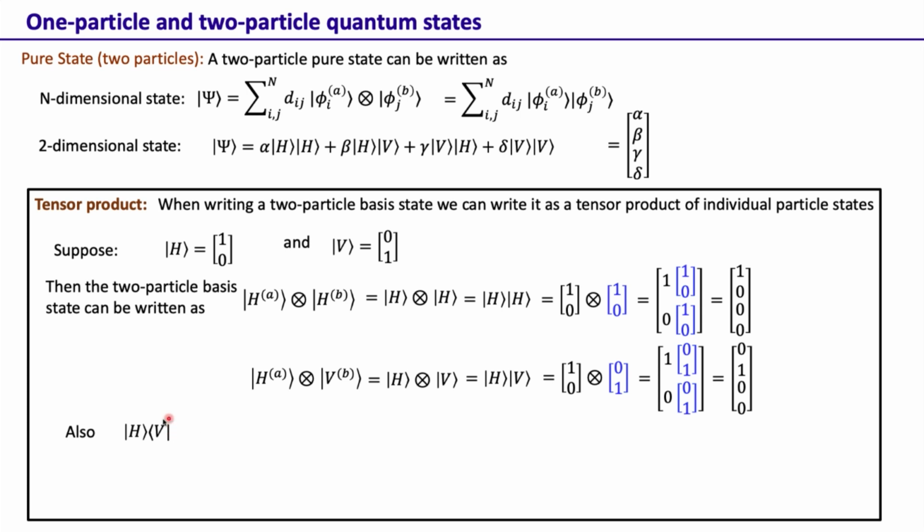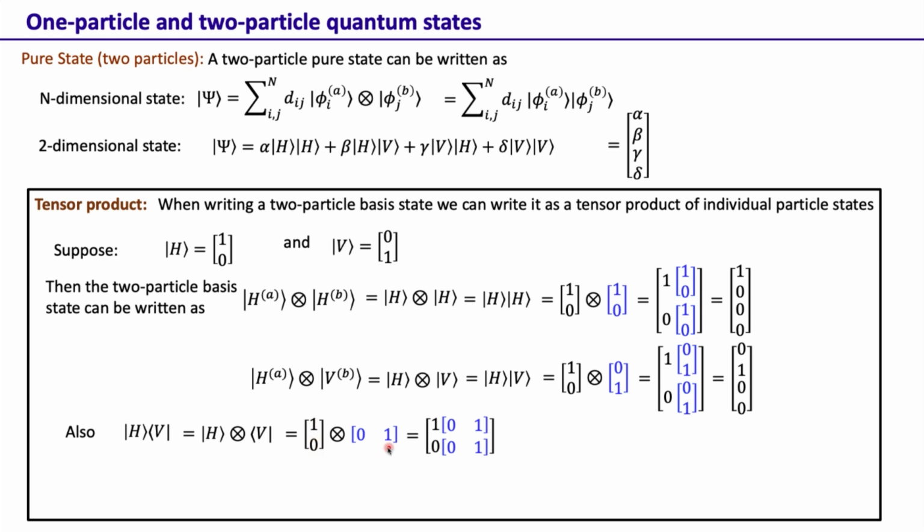In fact, even for the one particle state, we have these quantities like HV or HH, which are projectors. Although we call it a direct product, the direct product and tensor product in this context are the same thing. So this is also a product, and we calculate it the same way. So this is 1 0 for H, and V will be this. If this is a ket, that's a column, and this is a bra vector, so that's a row, so it's 1 0 times 0 1.